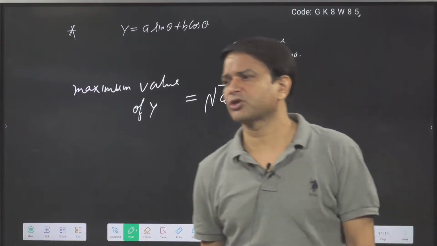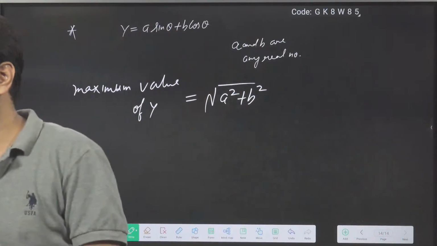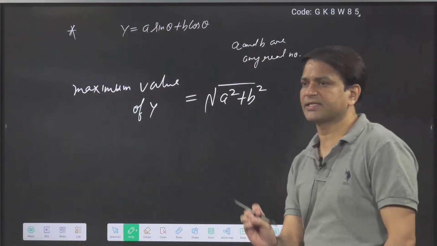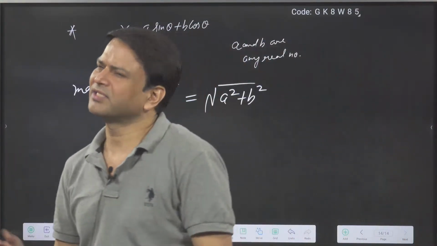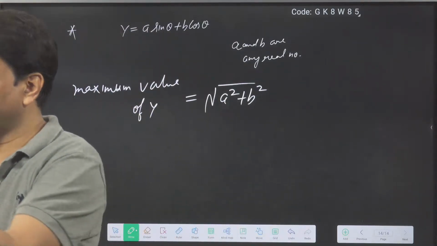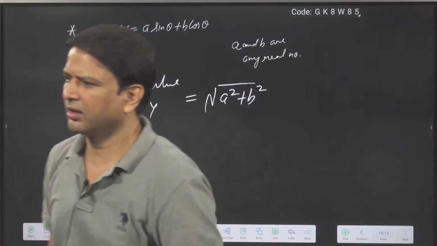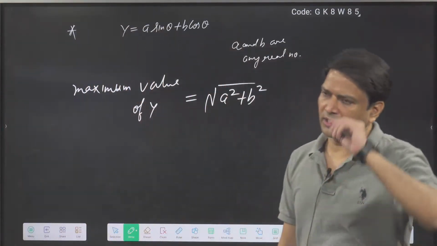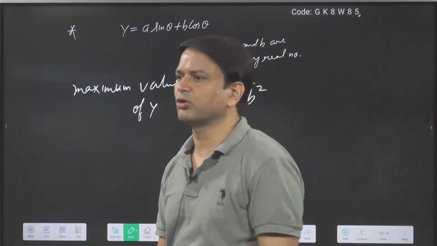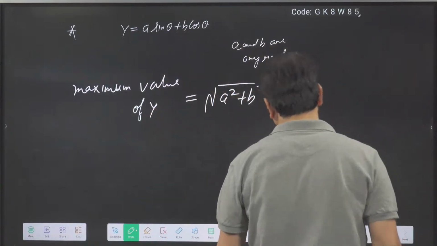In the superposition of SHM also I will say this thing. Theta can be anything, omega t, they give a sin omega t plus b cos omega t, the same was asked in the 2019 NEET. So if you have this type of function, then directly the maximum value is under root of a square plus b square.